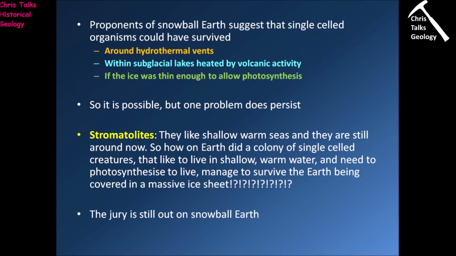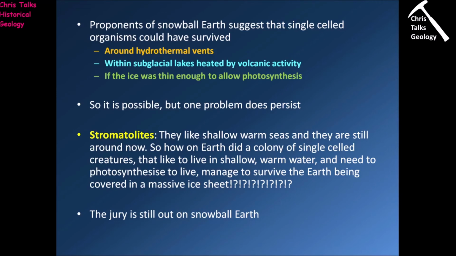So you have to think, how could stromatolites have actually made it through this situation? And the answer is, it's difficult to explain how they could have made it through. You would have expected them to have died out, but nope, they actually managed to make it through. So this has to be explained, and at the moment there isn't really a great explanation for how stromatolites managed to survive a snowball Earth event or events.